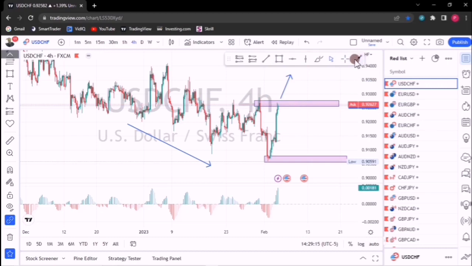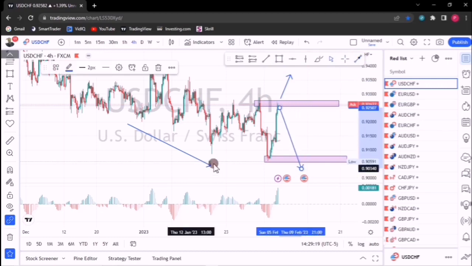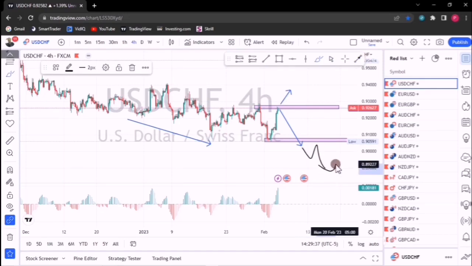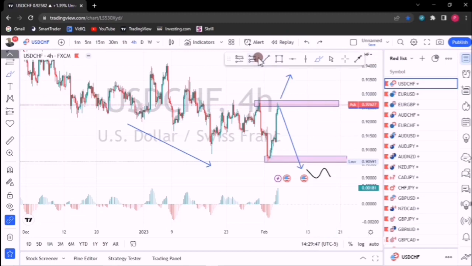And if it pushes down and closes below this, I'll expect it to continue selling. I'll expect something like that. Okay, I'm going to wait and see what price does at this point, if it's going to be able to make it through this key level.